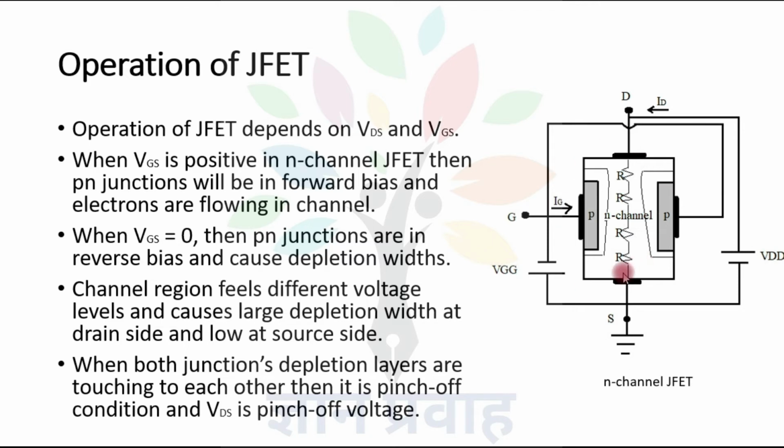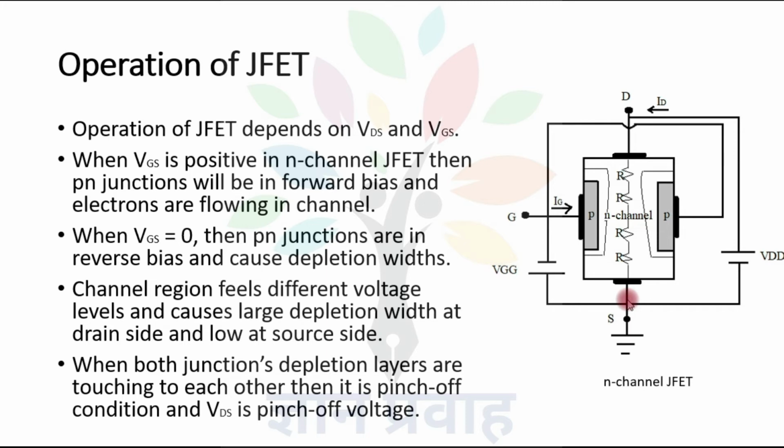In this case, when VGS is positive, it means the P side is connected to the positive terminal of this VGS voltage. This PN junction and this PN junction both are in forward bias. It means there is a depletion region and the width of the depletion region is very narrow. In case of forward bias of a PN junction, current conduction is there without any hurdle.